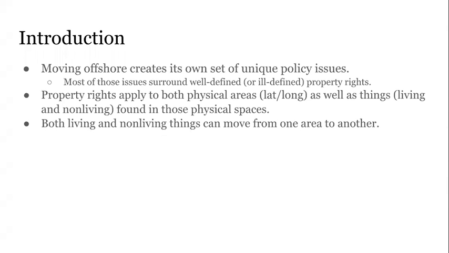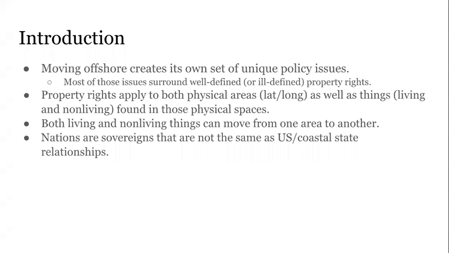And of course, both living and non-living things can move, like I said, from one area to another. So they can move from, let's say, an agreed upon norm, property right jurisdiction of coastal nation A to coastal nation B, for example. This often happens. And nations are sovereigns.